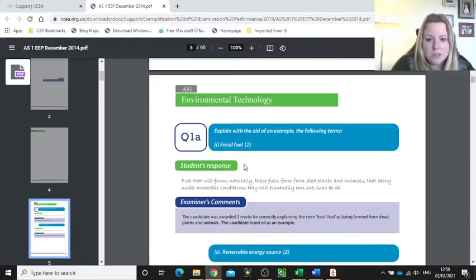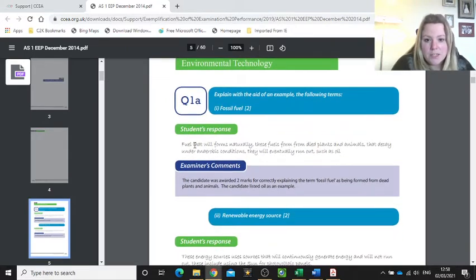For this question, you had to explain with the aid of an example the following terms: fossil fuel. This bit is the pupil's response. They've said fuel that forms naturally. These fuels form from dead plants and animals that decay under anaerobic conditions. They will eventually run out, such as coal.